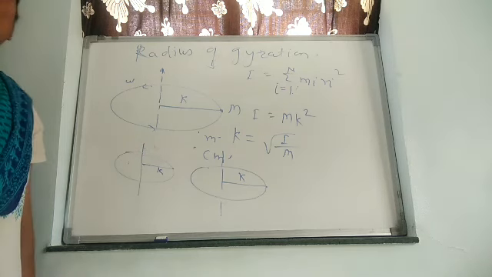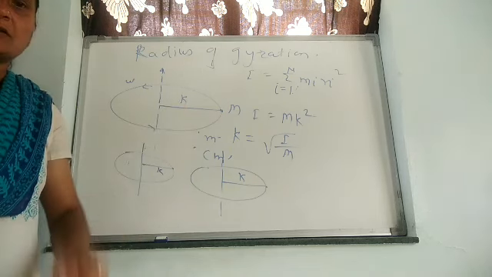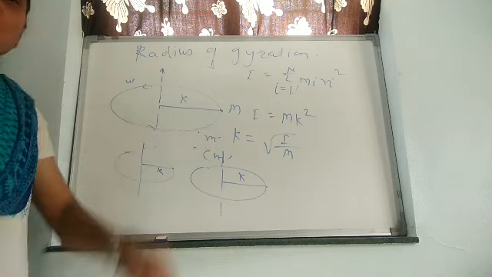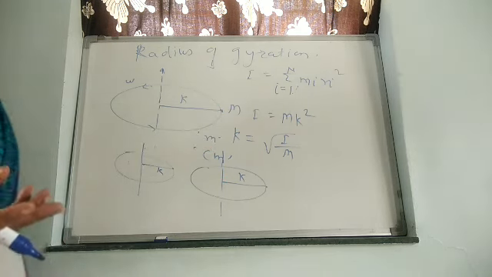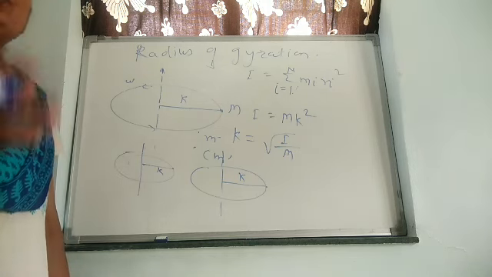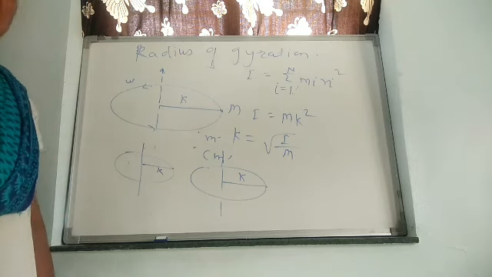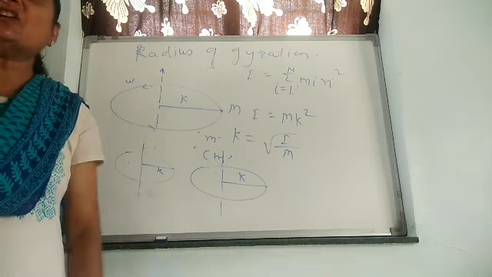This is related to radius of gyration. On this topic also a question can be asked: define radius of gyration. Its formula is very important in order to find the radius of gyration of different bodies. If you know the moment of inertia of a body, then you can find its radius of gyration. You have to remember that radius of gyration is a measure of length.